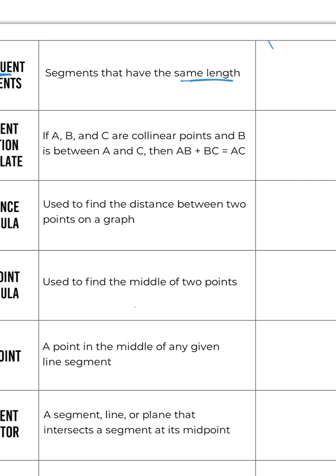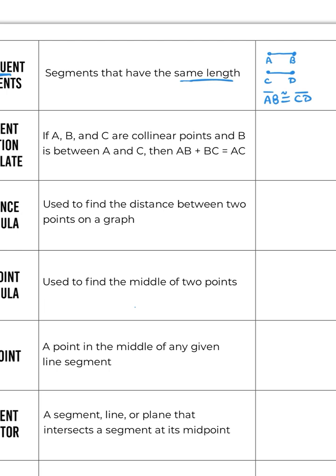To show that they're the same, say this is A and B, and then we also have C and D. We would say segment AB is congruent, using an equal sign with a squiggly line on top, to CD. Only line segments can be the same length, can be congruent.